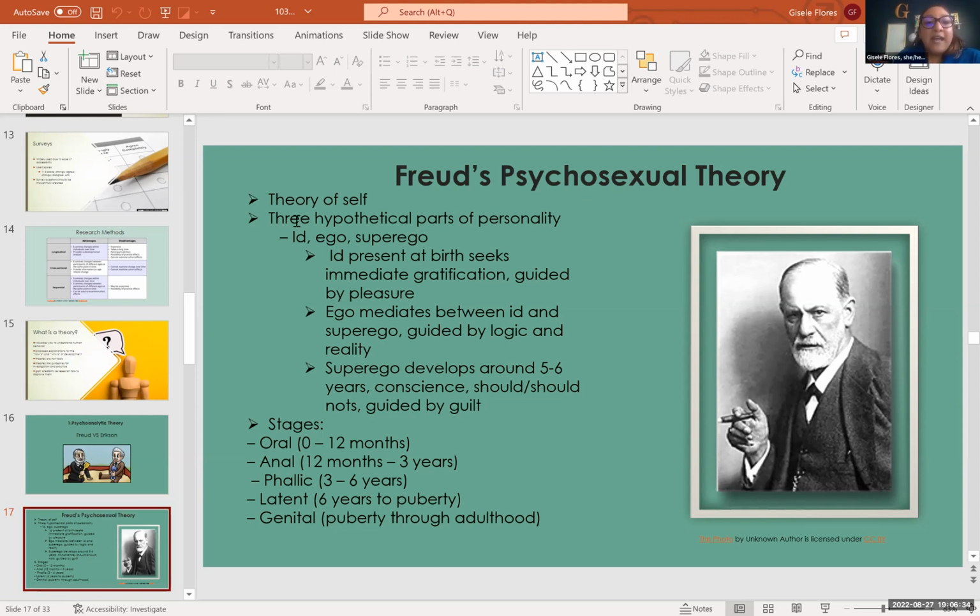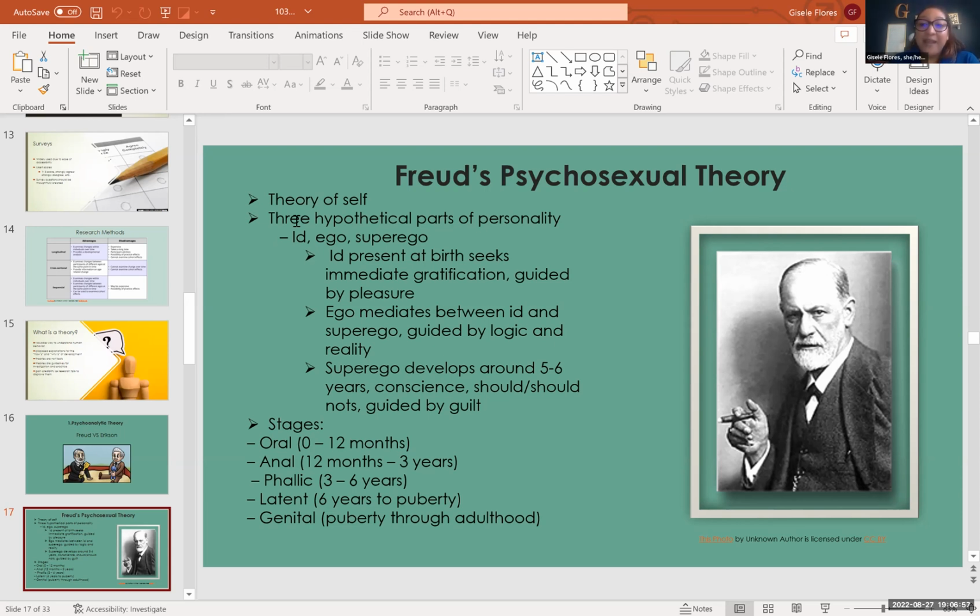So he has stated that there are three hypothetical parts of the personality. He talks about the id, the ego, and the superego. And there are different timings of when these three different things develop. So the id is present right at birth, and it is guided by pleasure, instant gratification.